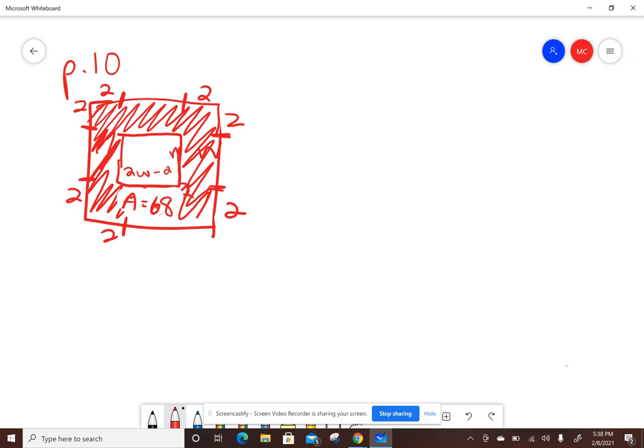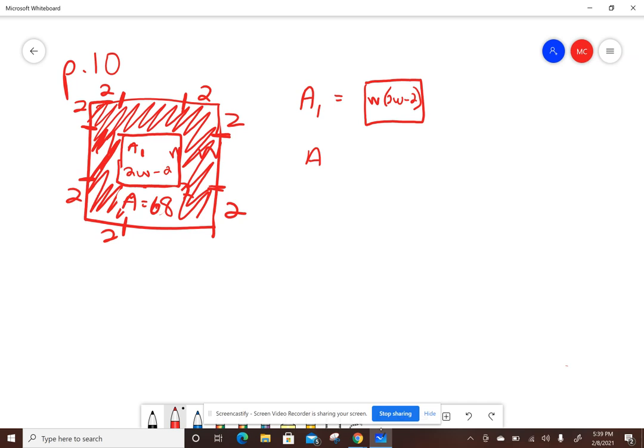Okay? Now, let's call the area of the picture area 1. So if you look at, we have area 1, which is the little picture frame. And that area is W times 2W minus 2.